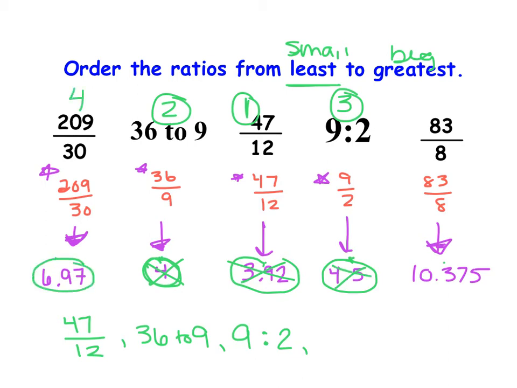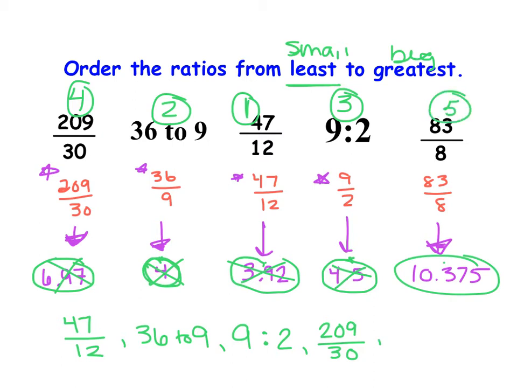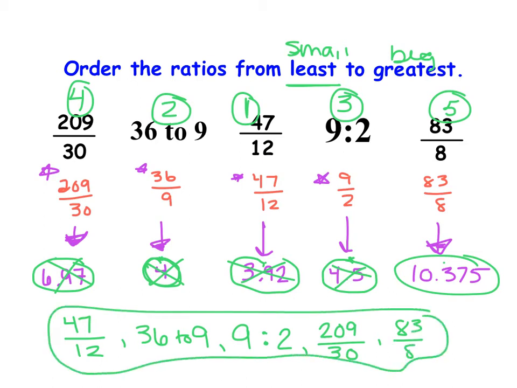So this would be fourth of 209 over 30. And then my largest ratio is down here at the 10, which means that this 83/8 is my largest ratio. So there we have it, all of them in order from least to greatest.